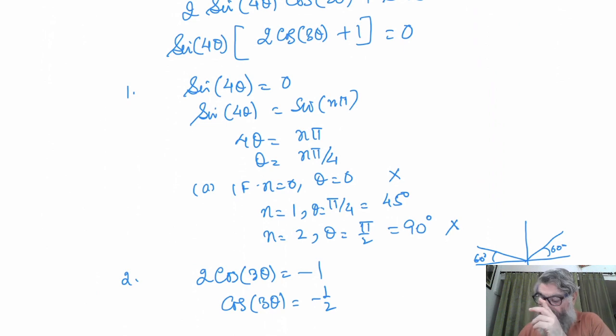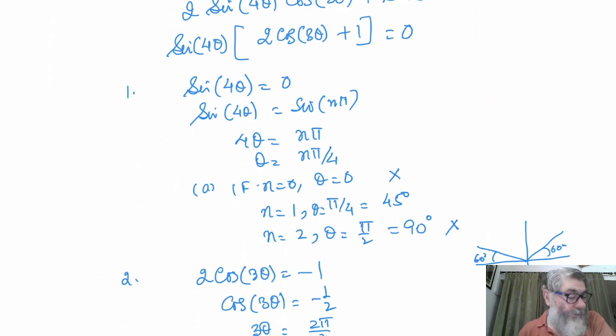So pi minus pi by 3. 3 theta will actually be pi minus pi by 3, that is 2 pi by 3. So 3 theta is equal to 2 pi by 3, or theta will be 2 pi by 9.